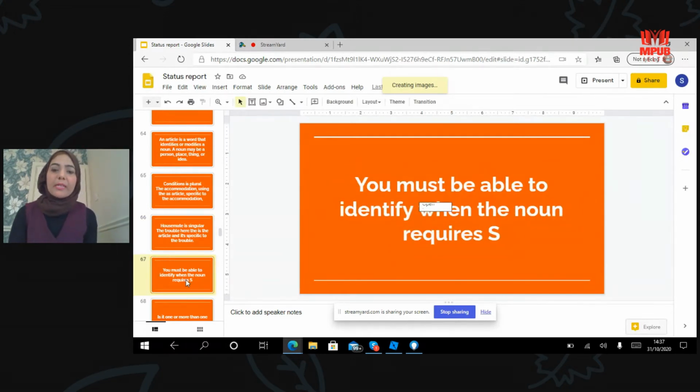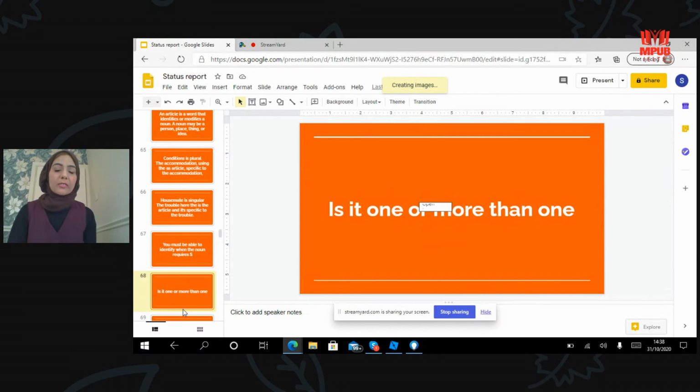So you must be able to identify when the noun requires the S. You must be able to identify when you've got the noun and when you should add the S at the end to make it plural, and when you shouldn't add the S at the end and you should keep it singular. So that's a good thing to revise.